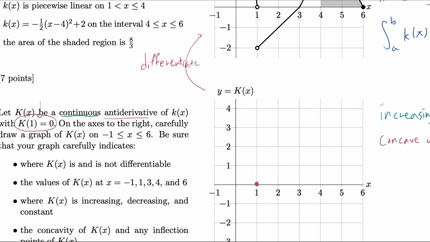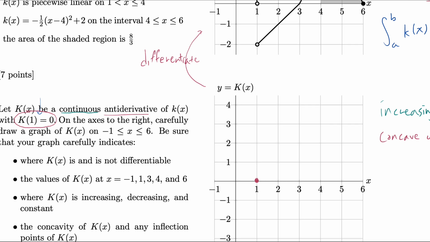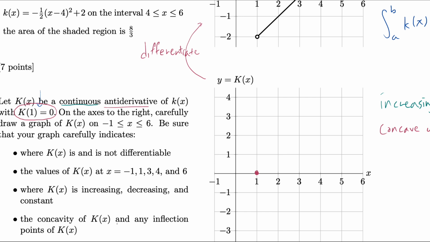And how do we proceed? Well, let me make sure that we understand what we're trying to do. We want to make sure whatever the value that we plot at x equals -1, 1, 3, 4, and 6 better be pretty accurate. And this capital K of x, we want to make sure we indicate where it's increasing, decreasing, and constant. And the concavity and the inflection point, we should keep in mind as well.